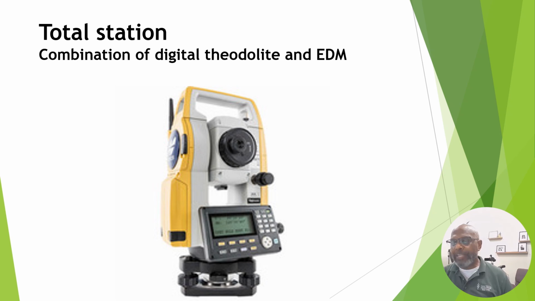It is a combination digital theodolite and electronic distance measuring instrument, and we call it the EDMI, also known as the EDM, which allows the user to measure distance and angles electronically, calculate coordinates of points, and attach an electronic field book to collect and record the data.